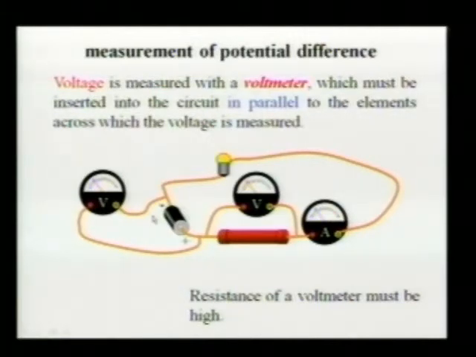Because what will happen if I connect an ammeter parallel to the resistor? Well, then the current flowing in the circuit will be divided between the current flowing through the resistor and the current flowing through the ammeter. Now, assuming that the resistance of an ammeter is 0, what will be the potential difference between this point and this point? 0.